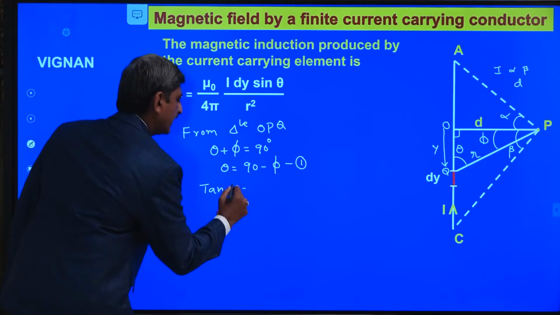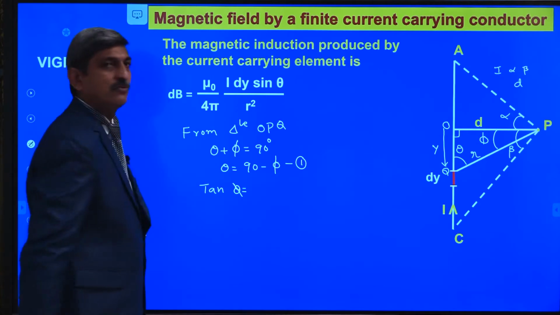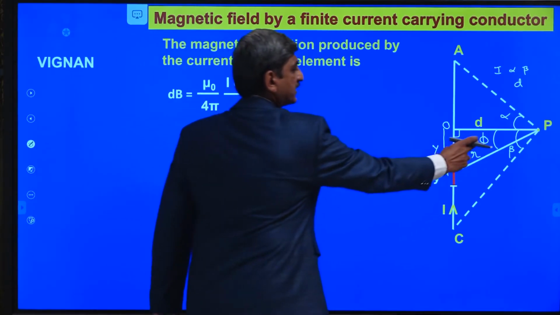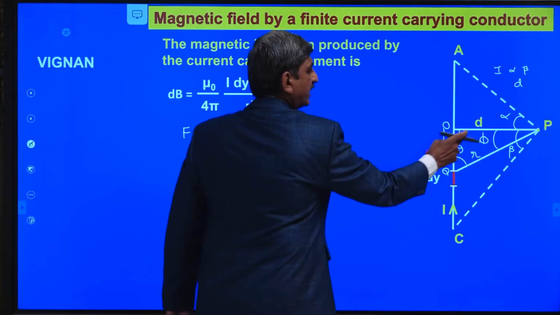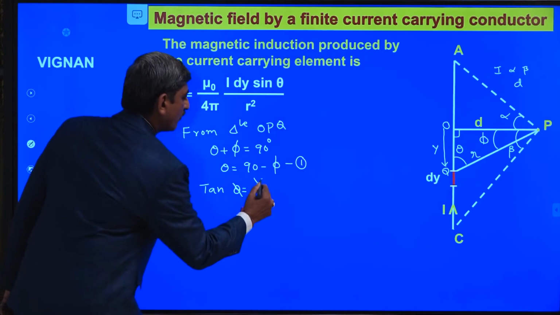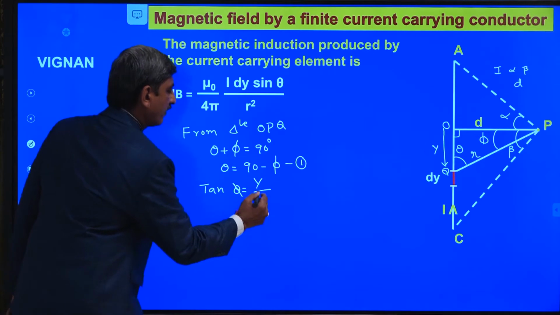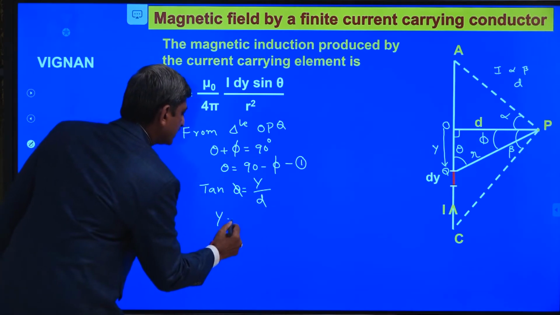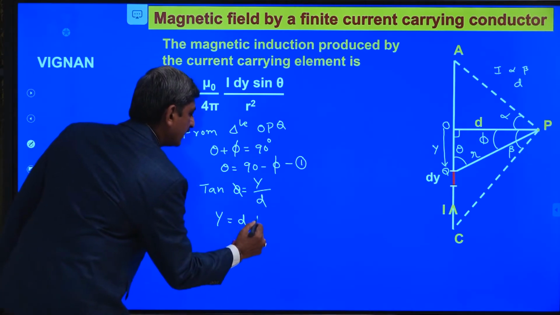After that, let us take tan phi value. What is tan phi? This is phi. Opposite side is y and adjacent side is d. That's why tan phi is equal to y by d. From this we can write y is equal to d tan phi.